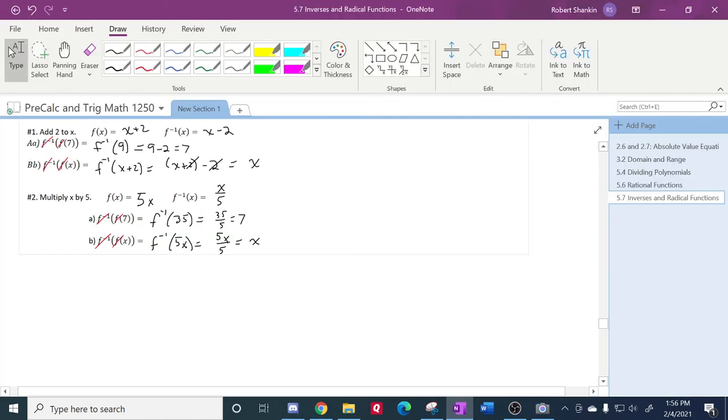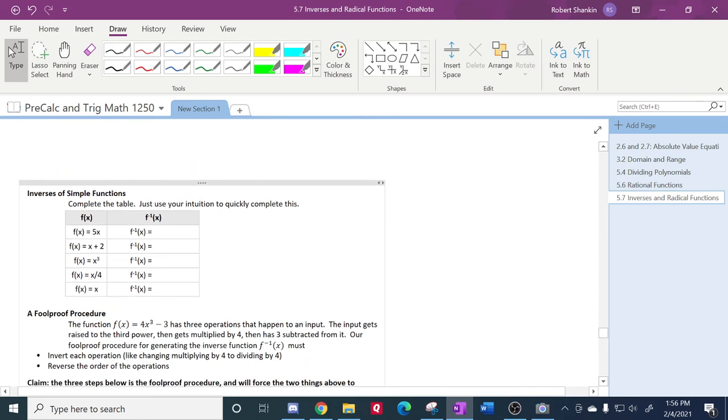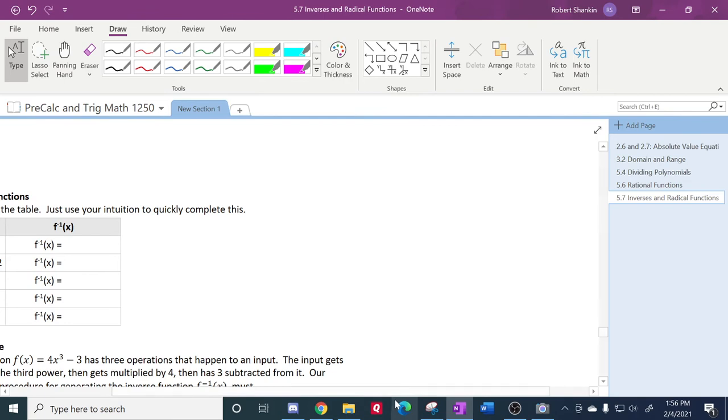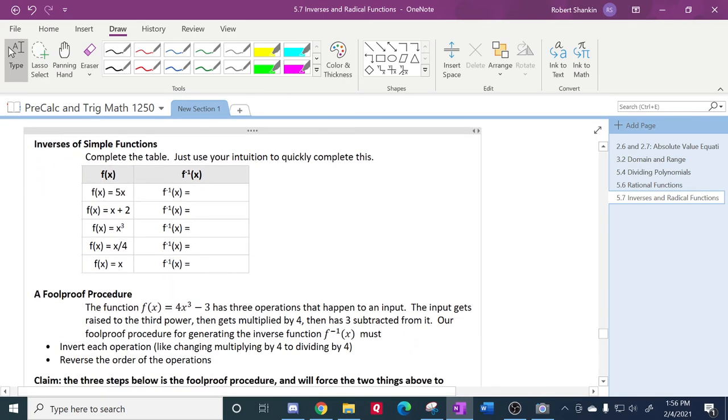Okay, this is new. Alright, inverses of simple functions. So complete this table, just use your intuition. Think, what's the opposite of that? And go as quick as you can to fill these in. I'm going to give you a minute to do these.